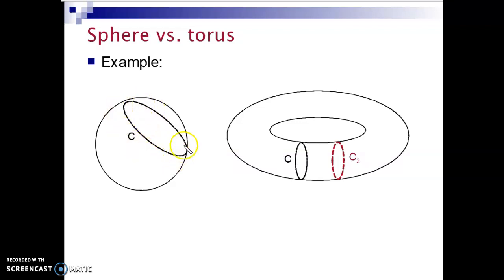Then any circle you draw on the surface will divide the surface into two regions. However, on a toroidal surface, you can, for example, create this circle here. This is the back side, this is the front side. The torus is not divided into two regions. It's still one region. You need a second circle to create two different regions.